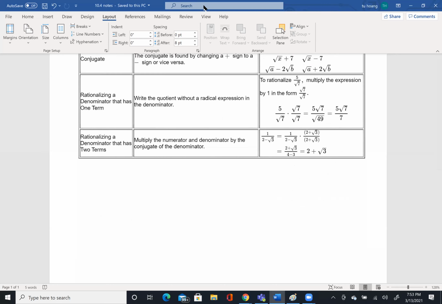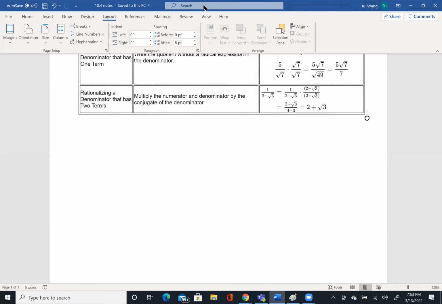Now let's start with example 1. I have adding radicals. So I have square root of 12 plus 7 square root of 3.